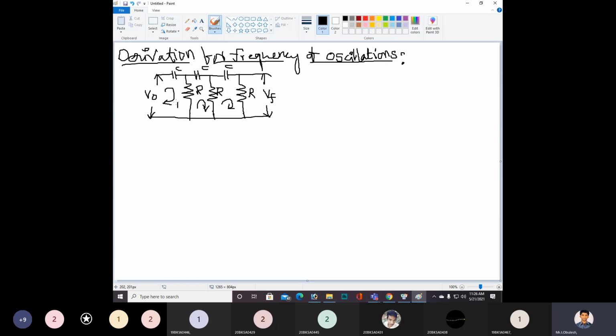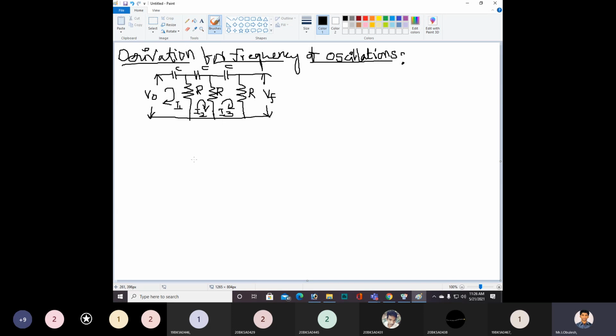In this, let us assume current I1 will be flowing, in this I2, and in this I3.